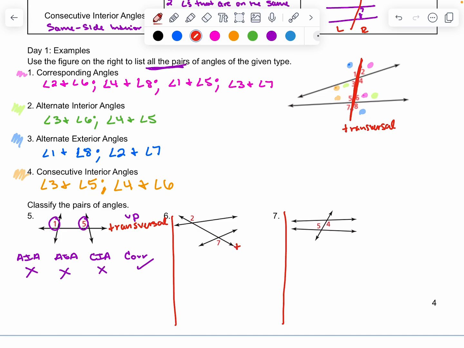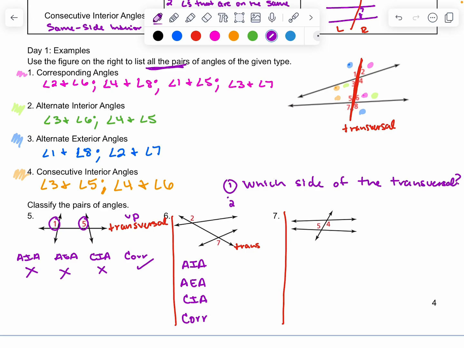6, we're going to do the same setup here. Except I don't have room to go right to left, so we're going to go up and down. First question: which side of the transversal? Second question you ask: interior, exterior.